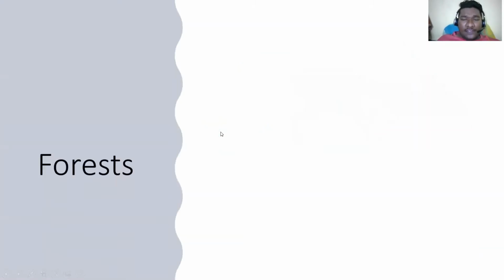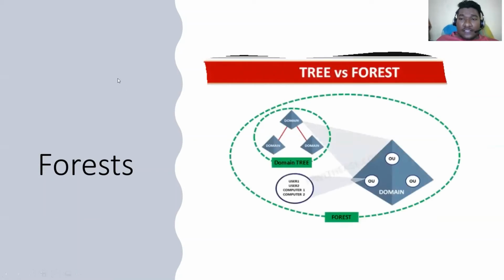Moving on to our next topic, what are forests? A forest consists of domains. A domain can have multiple tree root domains. So altogether, domains and trees club together and are called a forest.